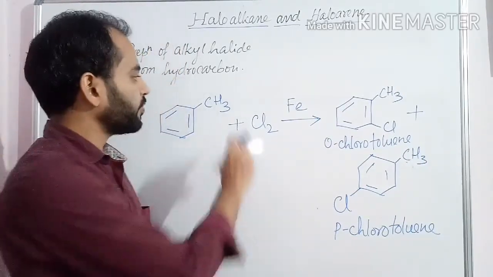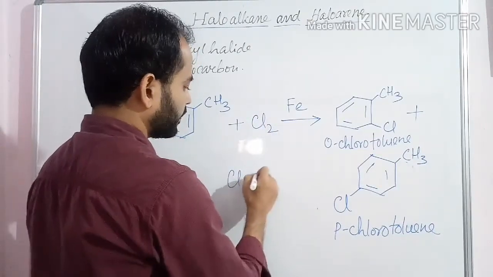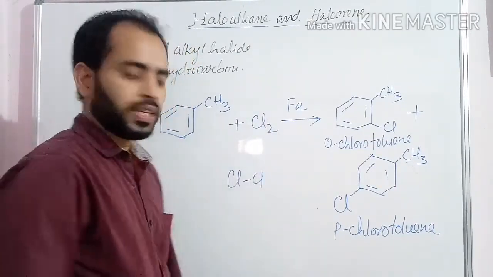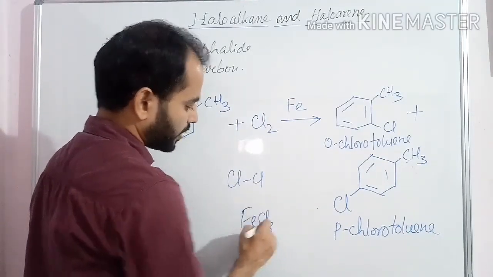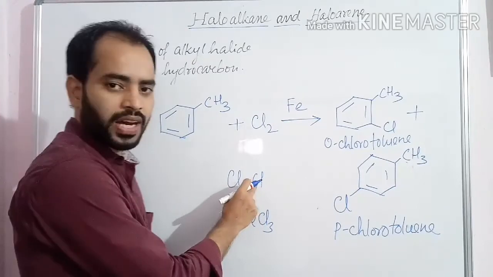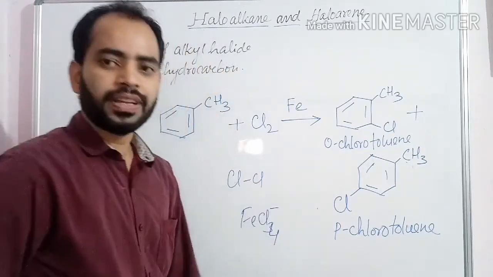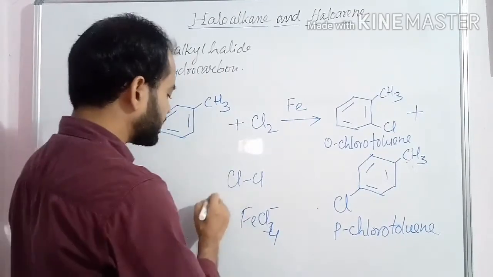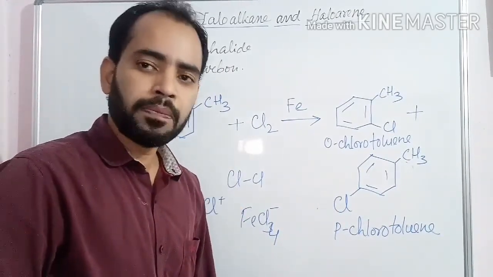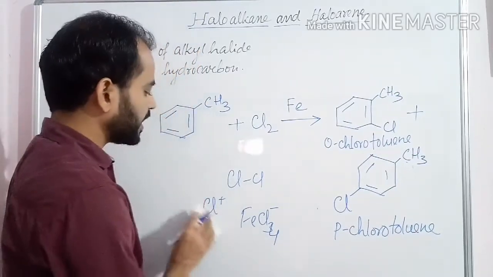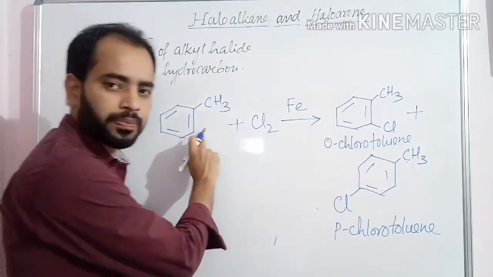Why is it called electrophilic substitution? Because when this Cl2 breaks in presence of FeCl3, FeCl3 takes one Cl negative and forms FeCl4 negative. The remaining Cl positive, called the electrophile, the chloronium ion, replaces H positive from here.